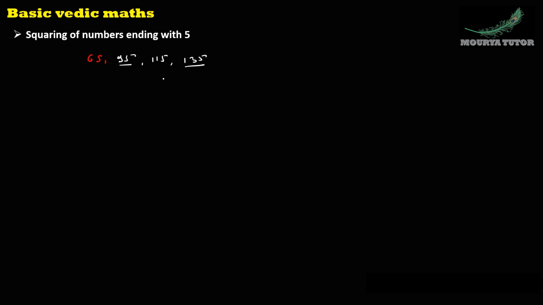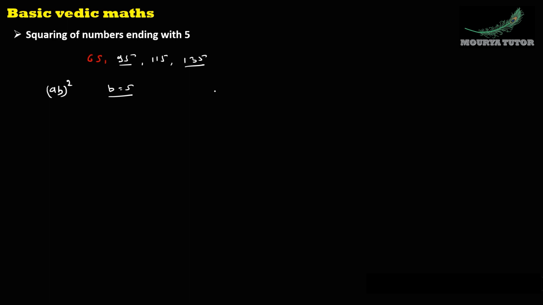If these numbers are given to you and you need to find the square of those numbers using Vedic maths, then how will you do it? As I have told you earlier, we need to find out LHS and RHS for the final answer. So in this, let's suppose we have to square this AB, right? The condition is B has to be 5.